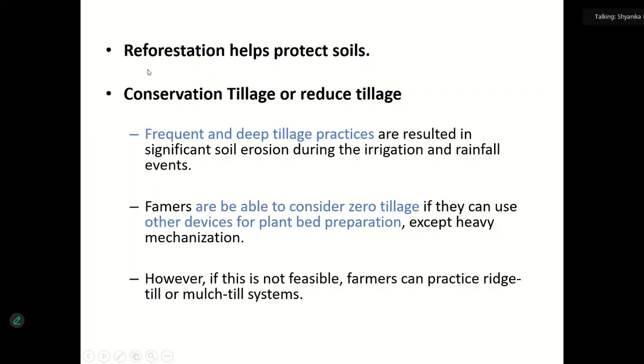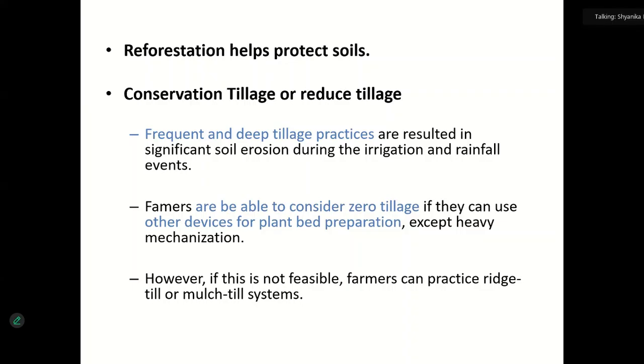And we can also do another practice, reforestation, that also helps to protect soils. You know, most of the hilly upcountry areas, after long years of tea plantation, most of the tea plantations are now degraded, right? They are converting into marginal areas.